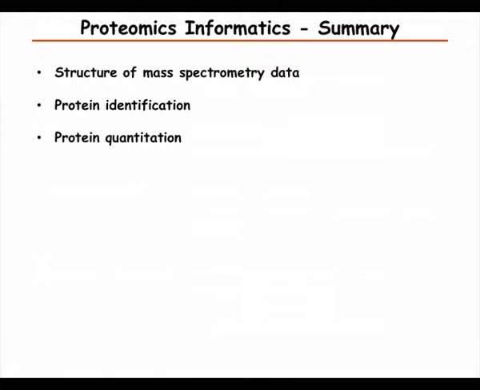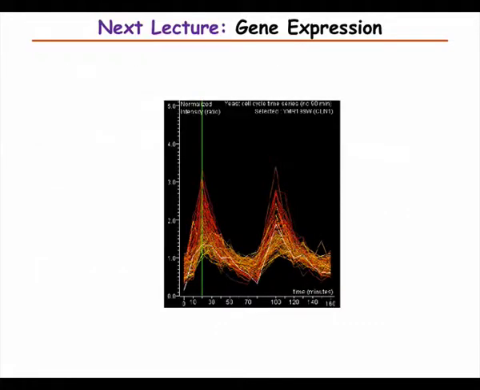Now, just to summarize, I've talked a little bit about the structure of mass spectrometry data, and also about how to identify and how to quantify proteins. Next time, Stuart is going to talk about gene expression analysis.